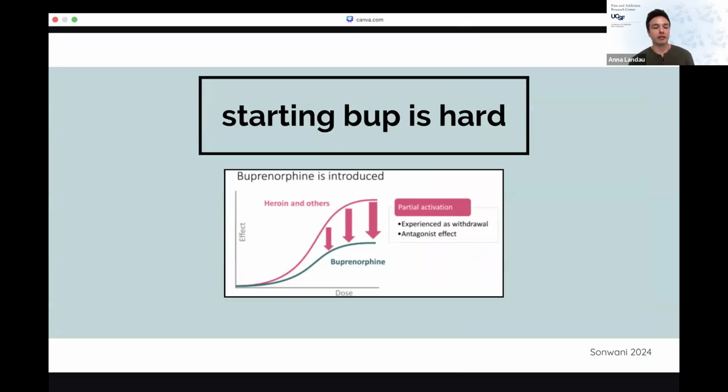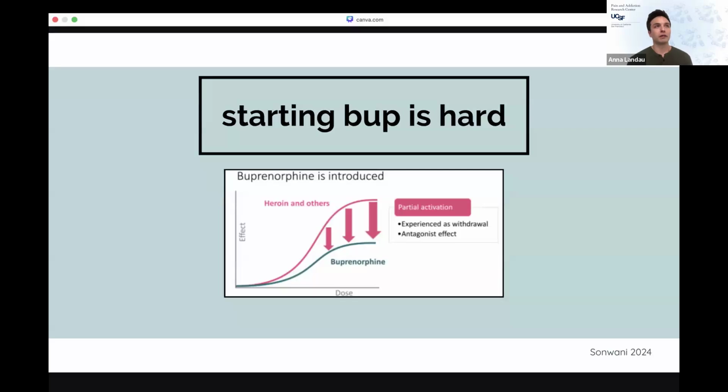The trade-off here is because it's a partial agonist, starting buprenorphine is hard. When people are using full agonists like heroin or fentanyl and their body is used to that environment, to all of a sudden go from having all of your receptors fully activated by heroin and fentanyl to having your receptors now activated only part of the way is going to be experienced as a very rapid negative experience that we refer to as precipitated withdrawal.